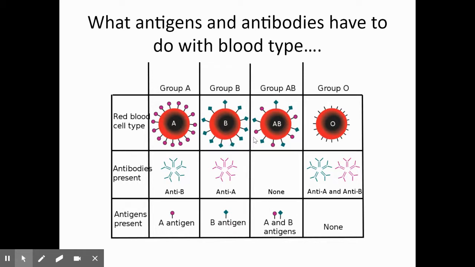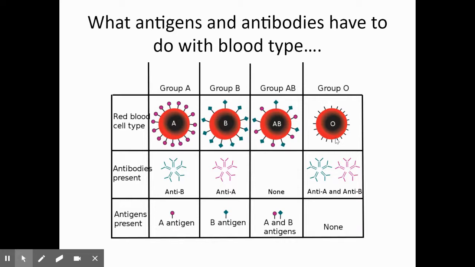You have some A antigens and you have some B antigens. Remember, if you have type O blood, you do not have A or B antigens. So you have no or zero antigens sticking off your red blood cell. Now let's talk a little bit about which blood types can donate and receive from other blood types.